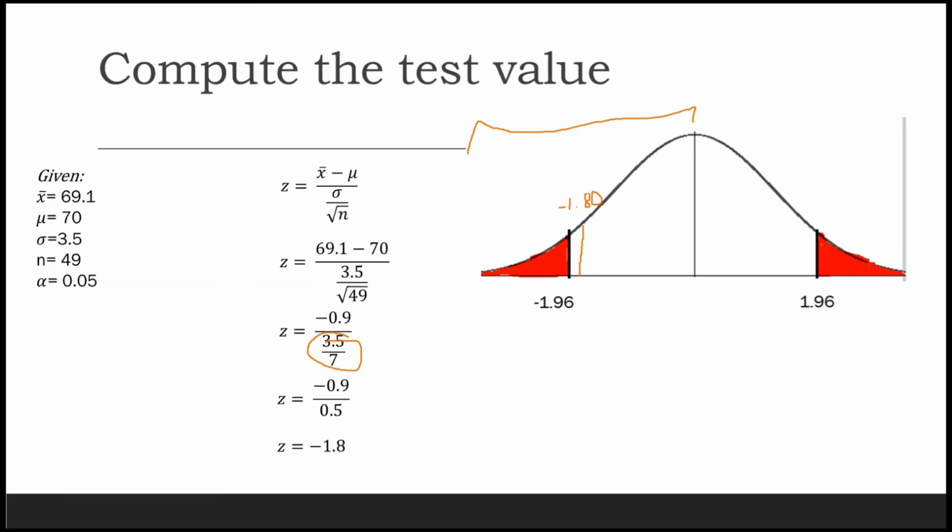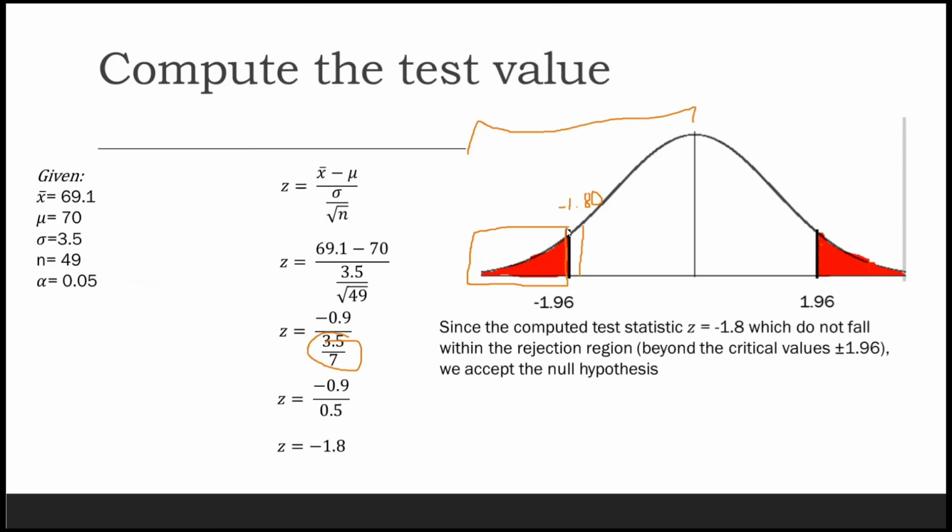Since wala siya dito sa part ng ating rejection region, ang ating null hypothesis is accepted. Ayan. Since the computed test statistic or the z is equal to negative 1.8, which do not fall within the rejection region, so sa ating negative 1.96, we accept the null hypothesis.